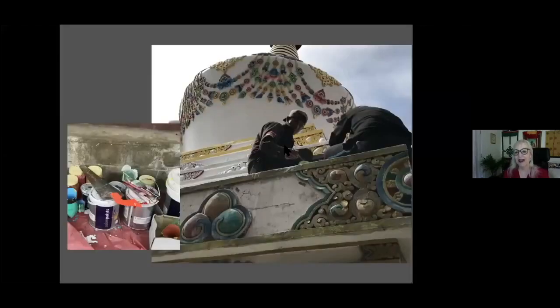Here are some very accomplished thangka painters who are using Asian paints for the outside of the stupa. And it's really interesting because these paints were a good choice because they have very close to the mineral colors with mineral pigments in them, and they do withstand the elements during the monsoon, etc. This monk is showing us that this wall painting was actually made by thangka painters in their studio and then glued on the wall after.